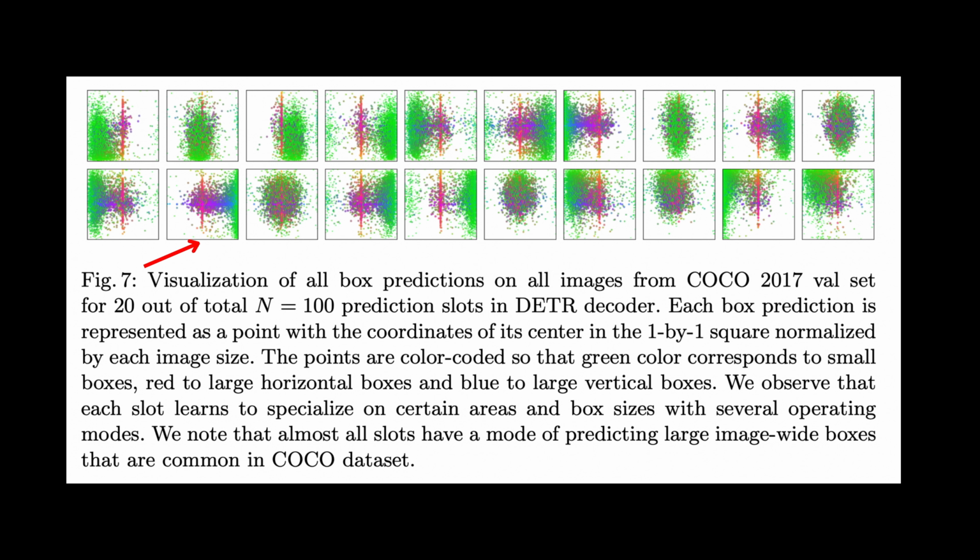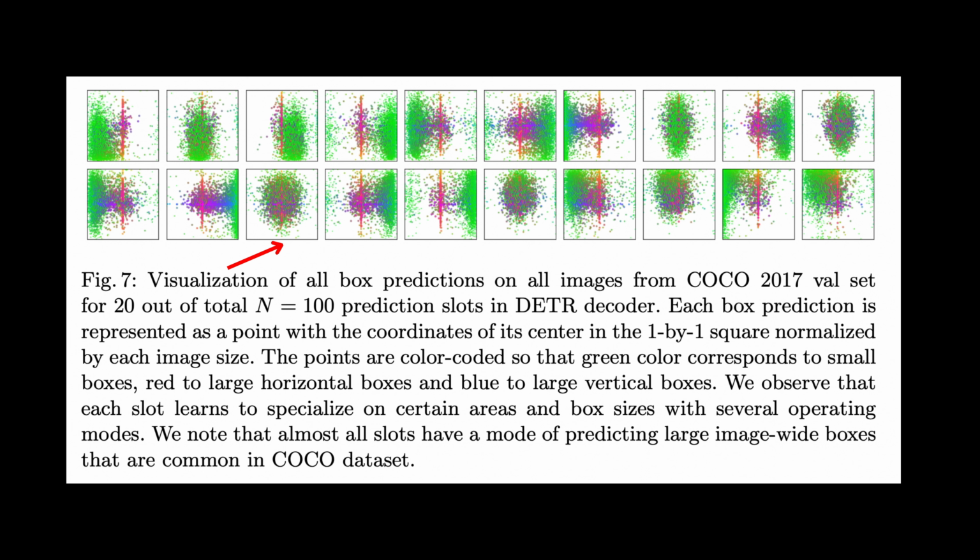But this slot specializes more on predicted boxes on the right side of the image. And this one specializes in the center region. So that means even though we initialize the slot embeddings without any geometrical prior, unlike anchors, still, through the course of training, the model learns to give spatial specialization to these query slots.